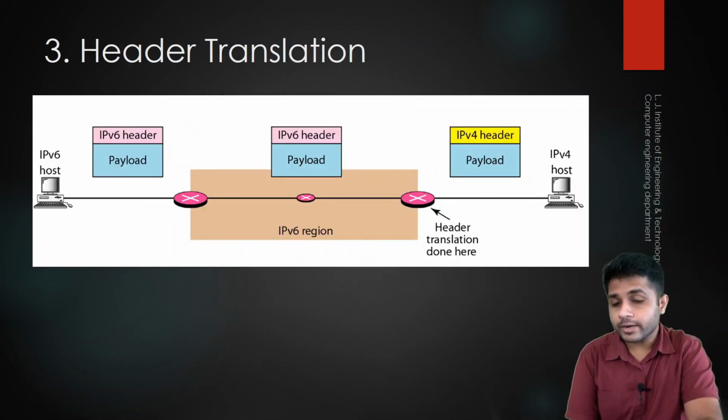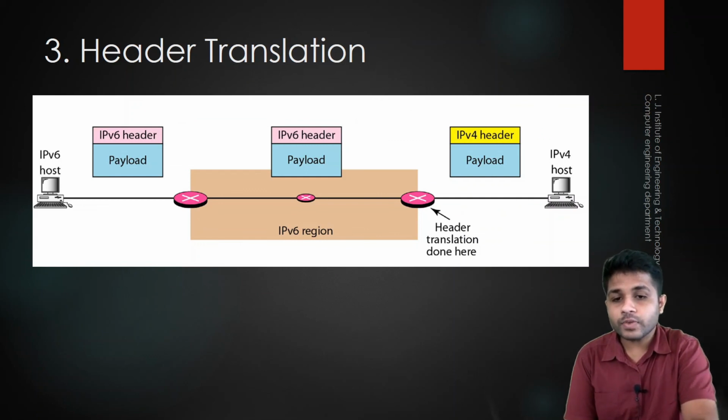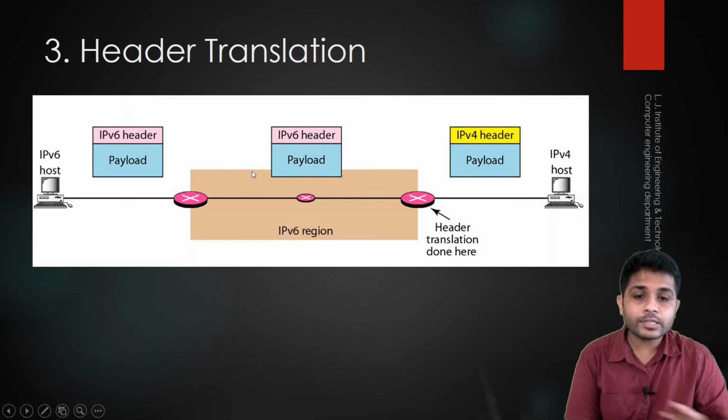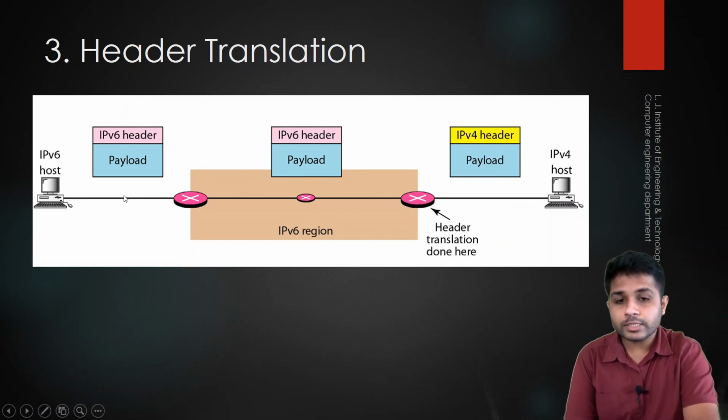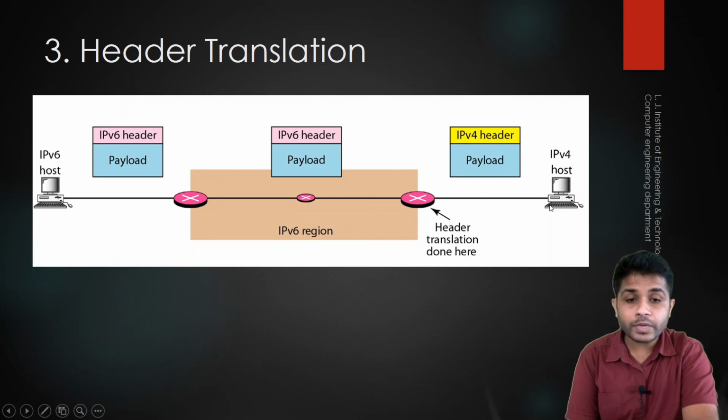Now the header translation. As the name suggests, using header translation we are simply translating the header. You can see that there is an IPv4 device which is sending some packet to an IPv6 device, and because IPv4 cannot understand IPv6, the router present in the IPv6 region will translate the header. It will convert the header from IPv4 to IPv6, and the translation is done at a particular router.